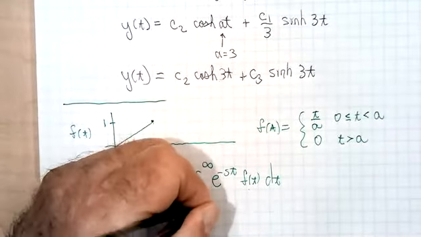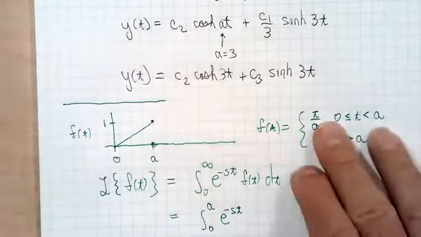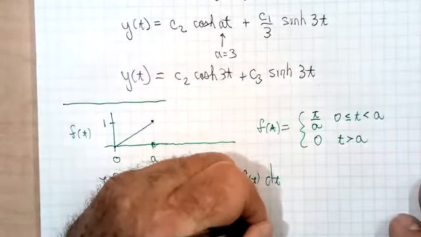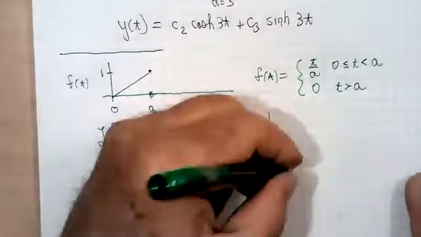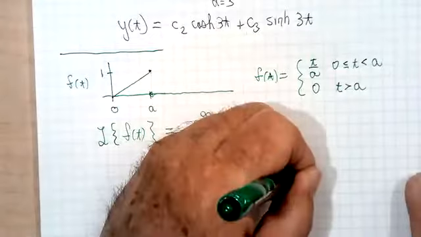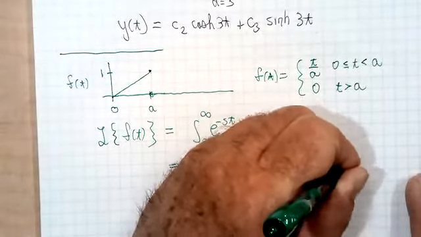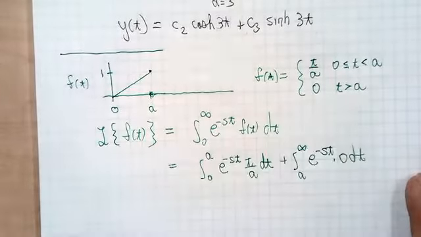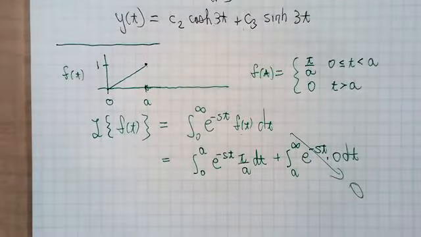On the interval from 0 to a, it's e to the minus st times t over a. And on the interval from a to infinity, it's the 0 function. So this part obviously makes no contribution to the transform.